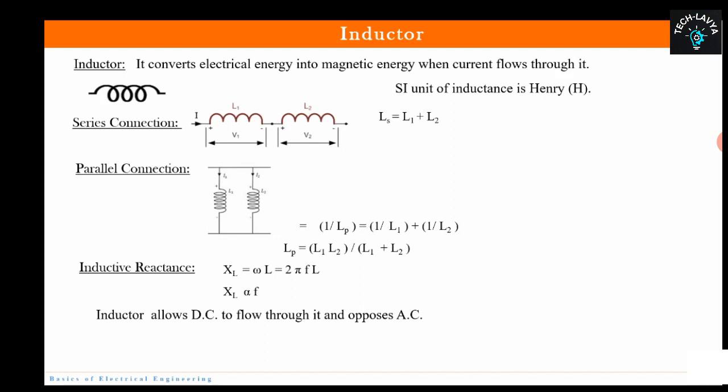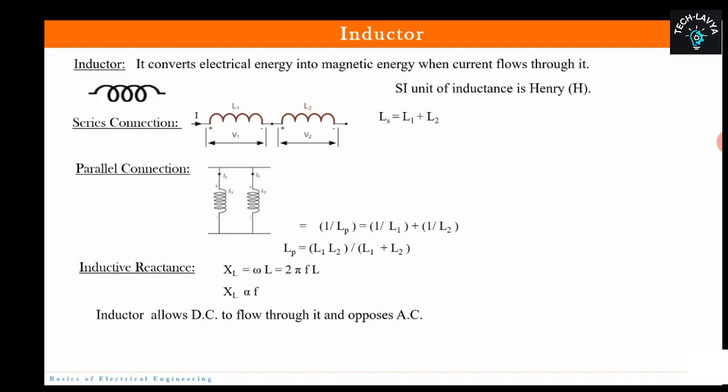Now let us understand what is the meaning of inductive reactance. If you have a resistor, the property of a resistor to oppose the current is called resistance. Similarly, an inductor also opposes the current. Fine, so that property is known as reactance. In simple words, inductive reactance is nothing but resistance offered by an inductor. Now how do we represent it?